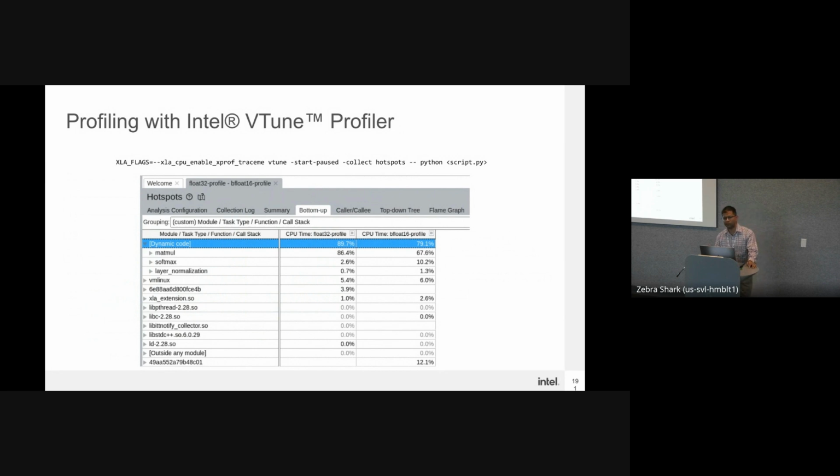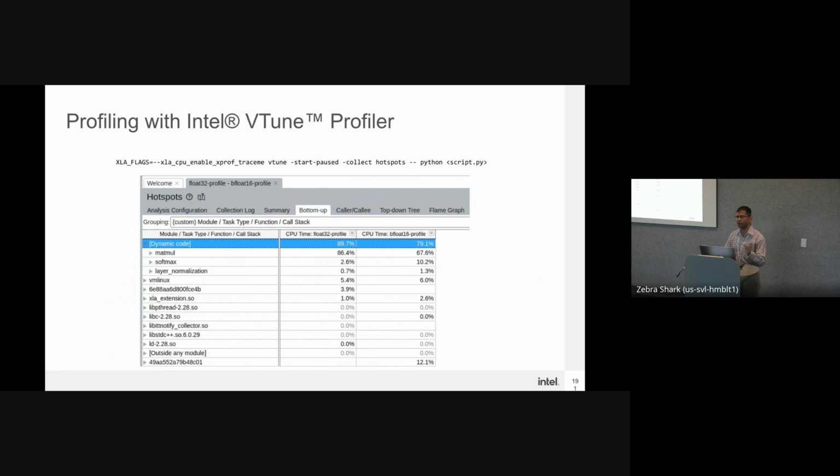I'm showing here profiles for float32 and bfloat16 for 384 sequence length. In the left column, you can see the breakdown of the time taken. At the highest level we have the module. A module could be a shared object, or it could be some JITed code.